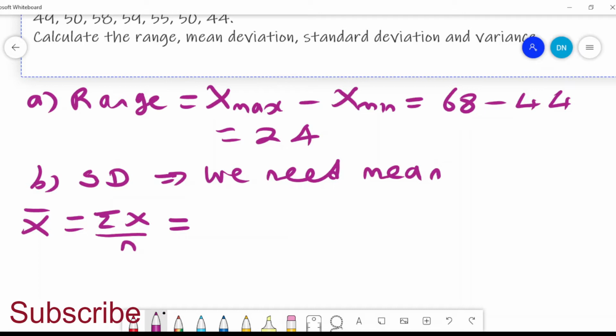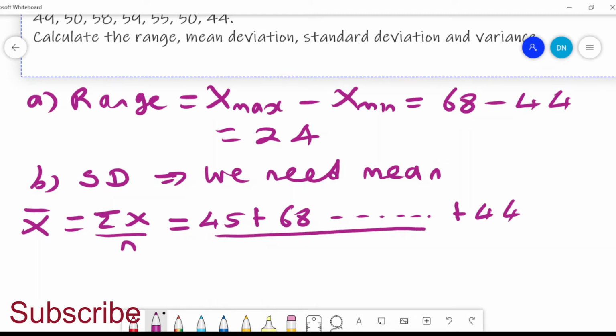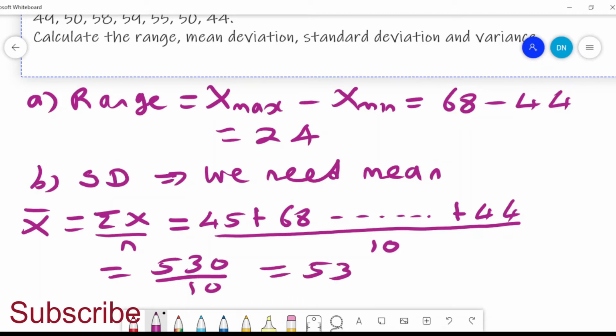If you do that mathematics of summing all these values, starting with 45 followed by 68 all the way to 44, and then you divide by 10, it will give us 530 divided by 10, and therefore we have a mean of 53.